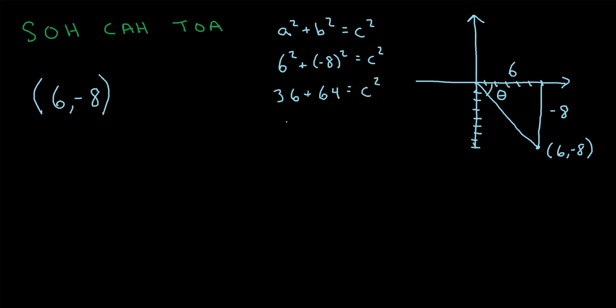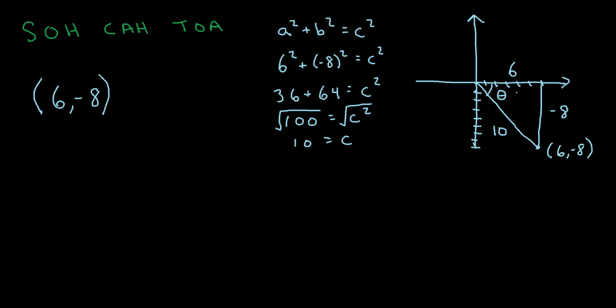So 36 plus 64 turns out to be 100, is equal to c squared. If we take the square root of each side to get c by itself, we find that c is equal to 10. So this hypotenuse right here is 10.